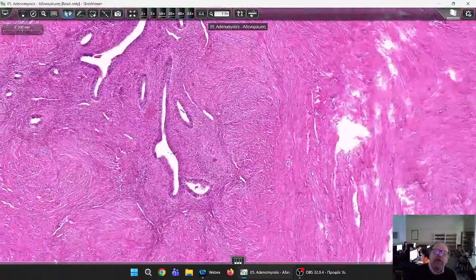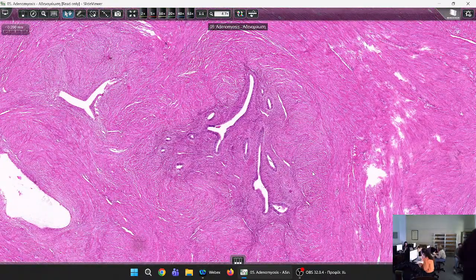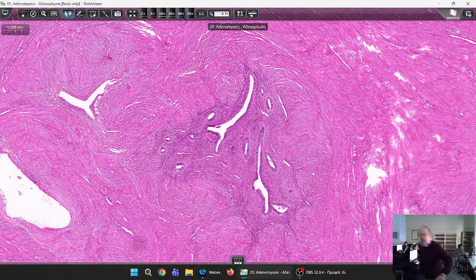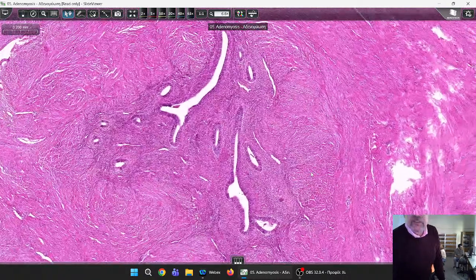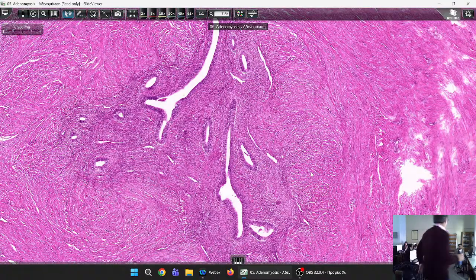However, here we can see something that should not be there, should not be in the myometrium. What tissue is this? Have a look. What are these structures here? Can you tell me? Identify this tissue. What are they? Yes, that's right. Which tissue is this found in the myometrium?